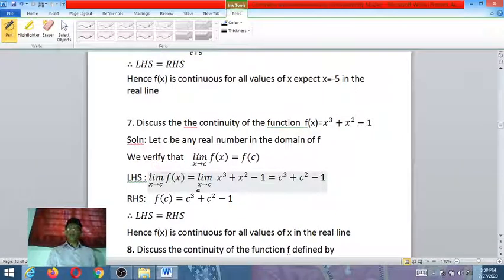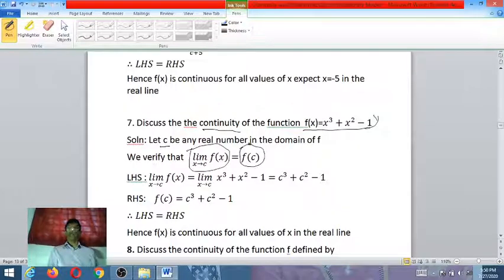And also solve the seventh one: discuss the continuity of the function f of x equals x cube plus x square minus 1. In a very similar way, you take c to be any real number in the domain of f and you prove that the left hand side is the same as the right hand side. Okay, solve these two problems.